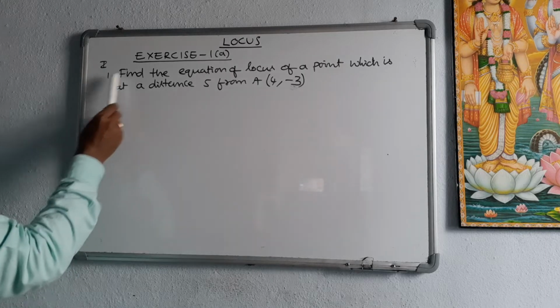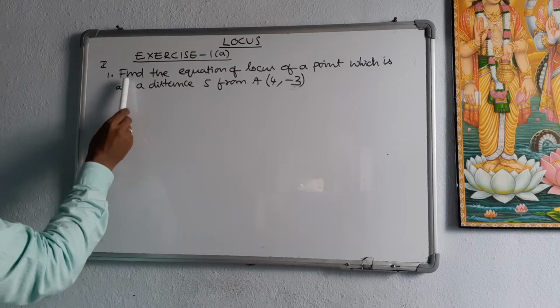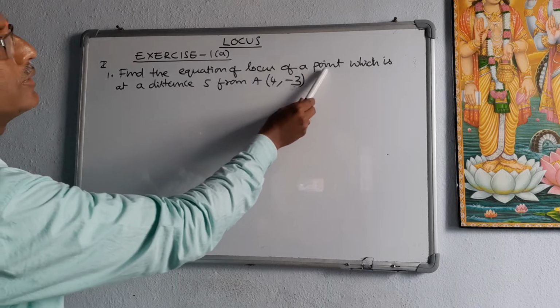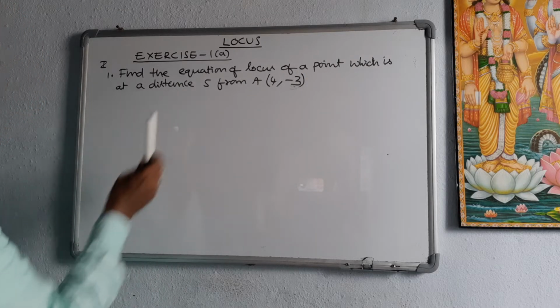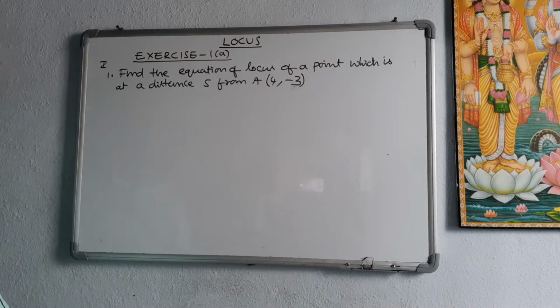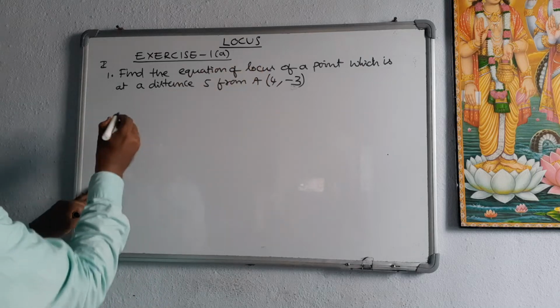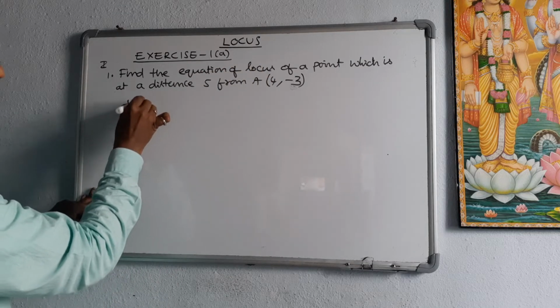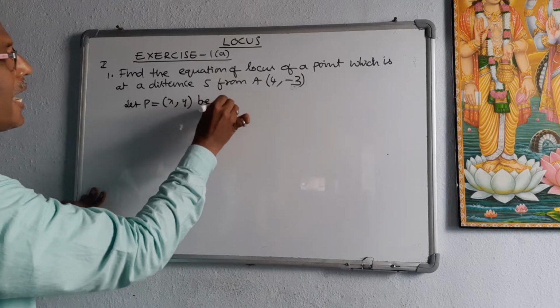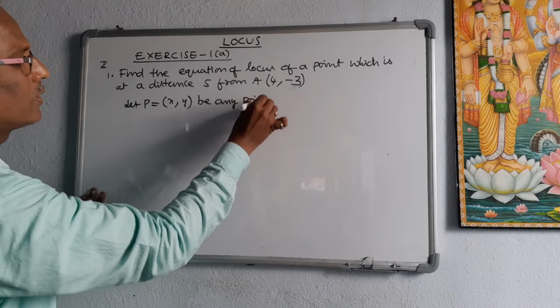Next one, exercise 1a, first question. Find the equation of locus of a point which is at a distance of 5 from A = (4, -3). To find the equation of locus, let P = (x, y) be any point on the locus.